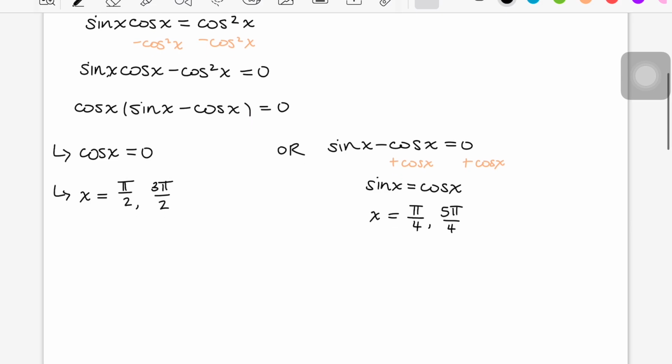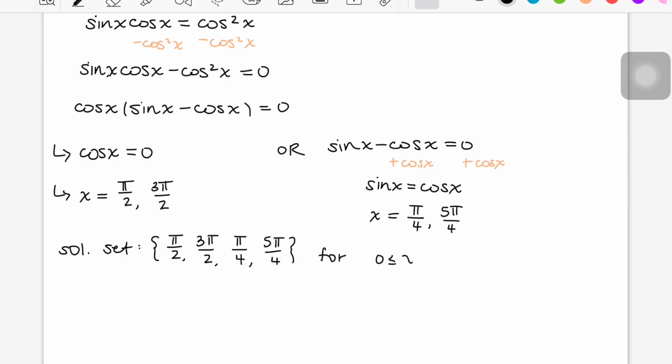Alright, so this tells us our solution set is going to be these 4 values here, for x values within this interval.